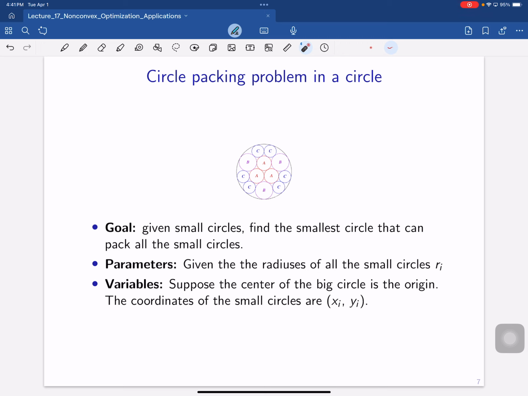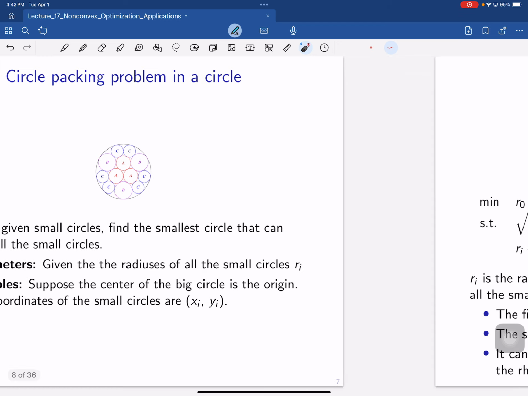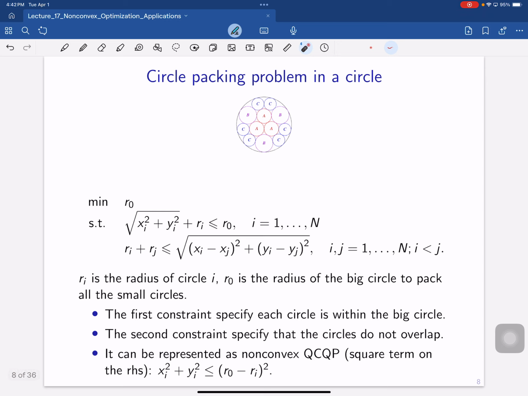The second constraint is that the small circles cannot exceed the boundary of the big circle. So when you formulate an optimization model, first describe the variables and constraints in words, and then convert your words into math. That's it. Now let's formulate this problem.